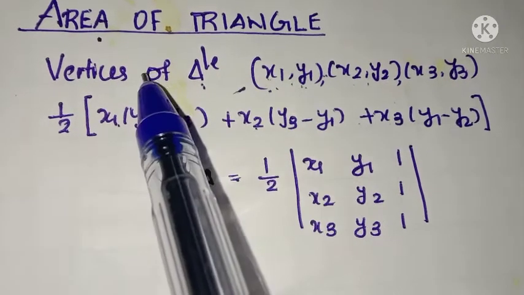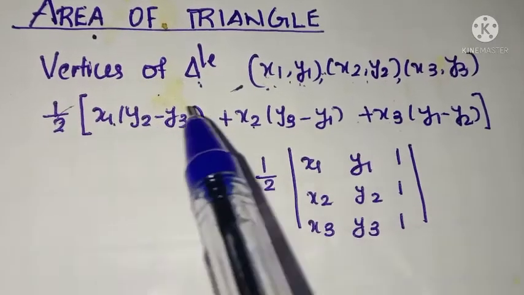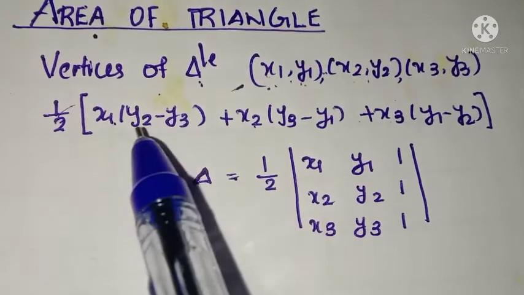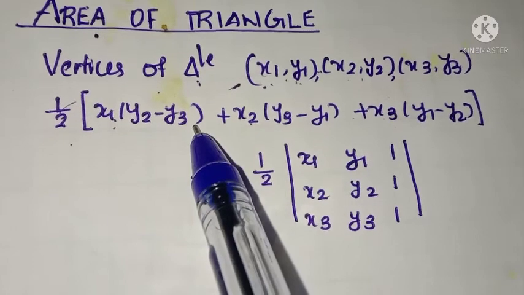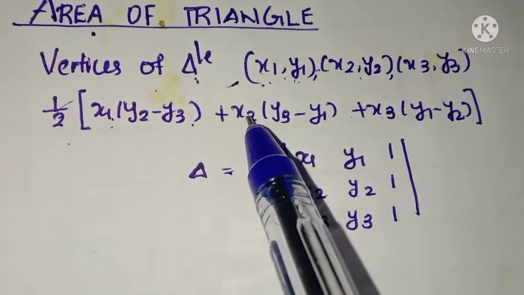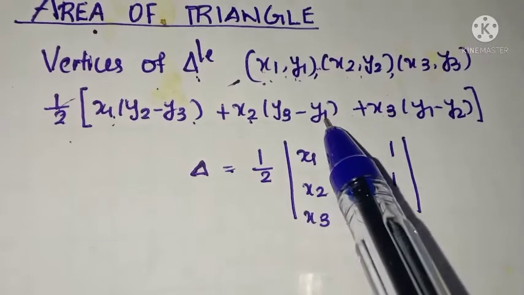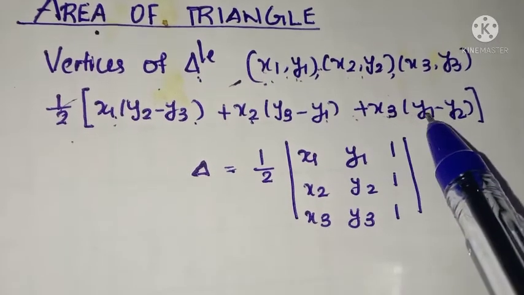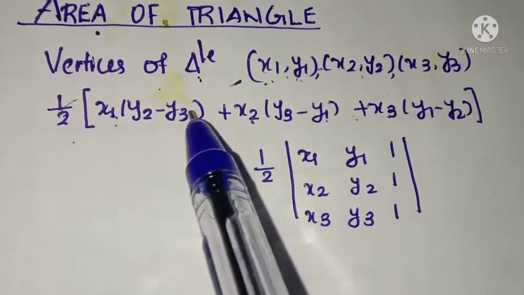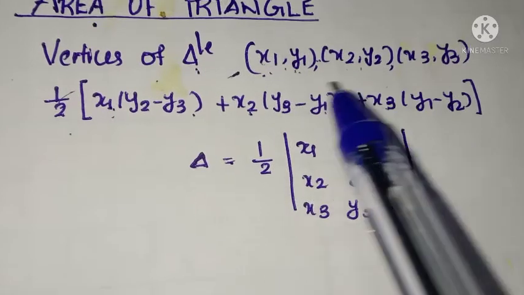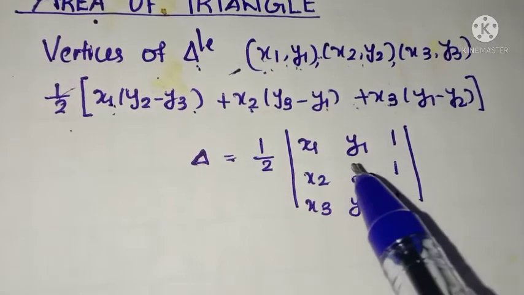Then we have studied that the area of the triangle is obtained by the expression half into x1 into (y2 minus y3) plus x2 into (y3 minus y1) plus x3 into (y1 minus y2). Listen, this expression can be written in the form of a determinant also.